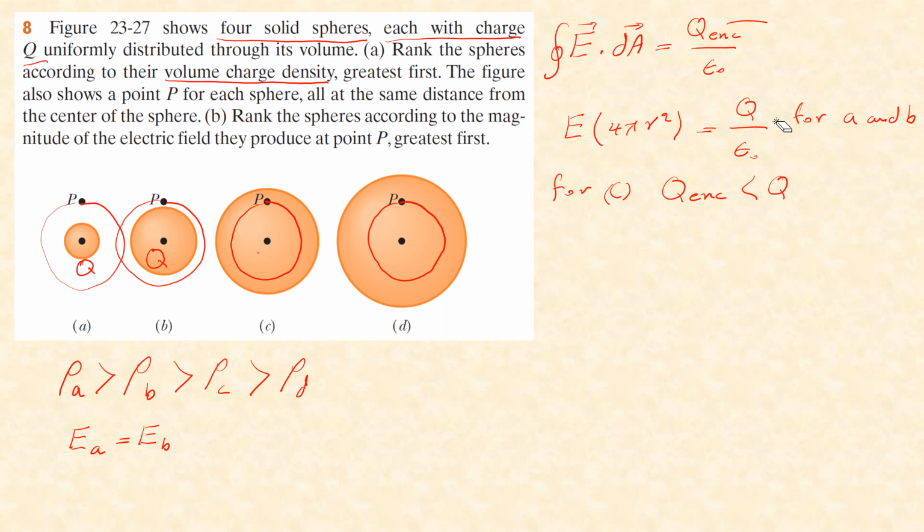So here, Q enclosed for part C is less than Q, but Q enclosed in part C is greater than Q enclosed in part D, right? So you see that EA is equal to EB, and it's greater than EC, and EC is greater than ED.